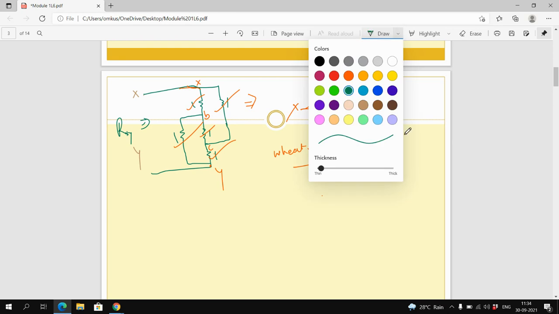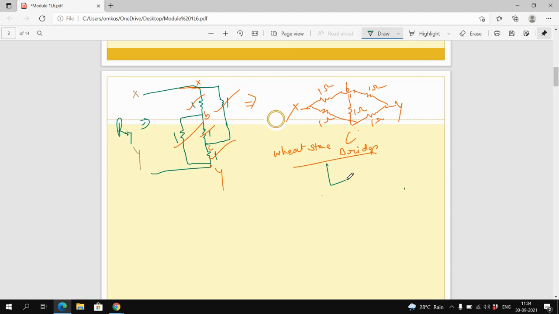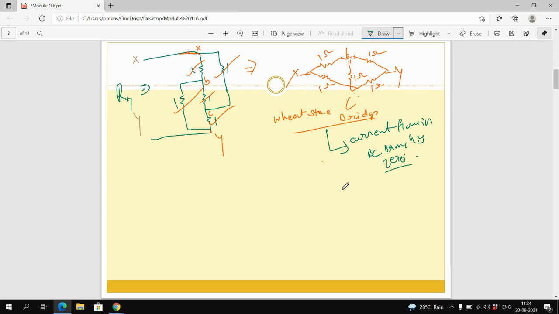So how does the circuit look? Current flow in the BC branch is zero, right? So how does the circuit look?